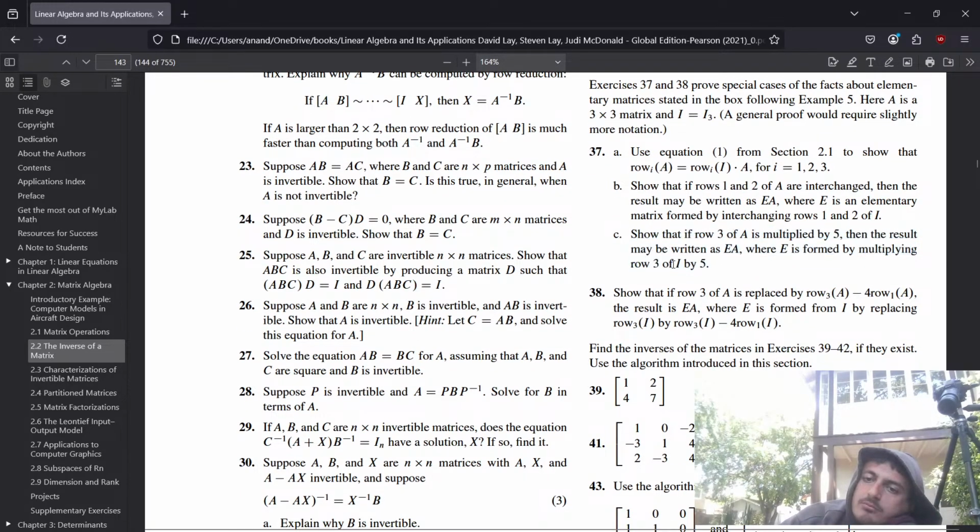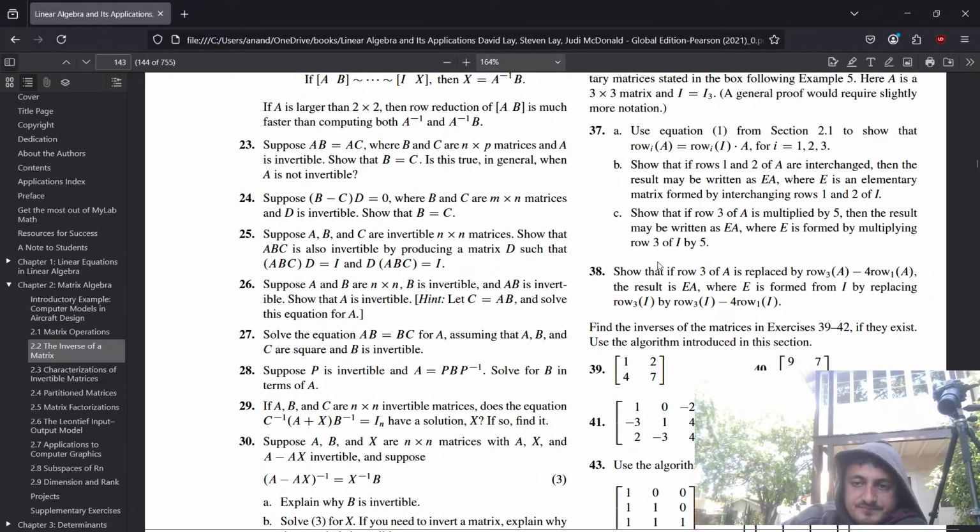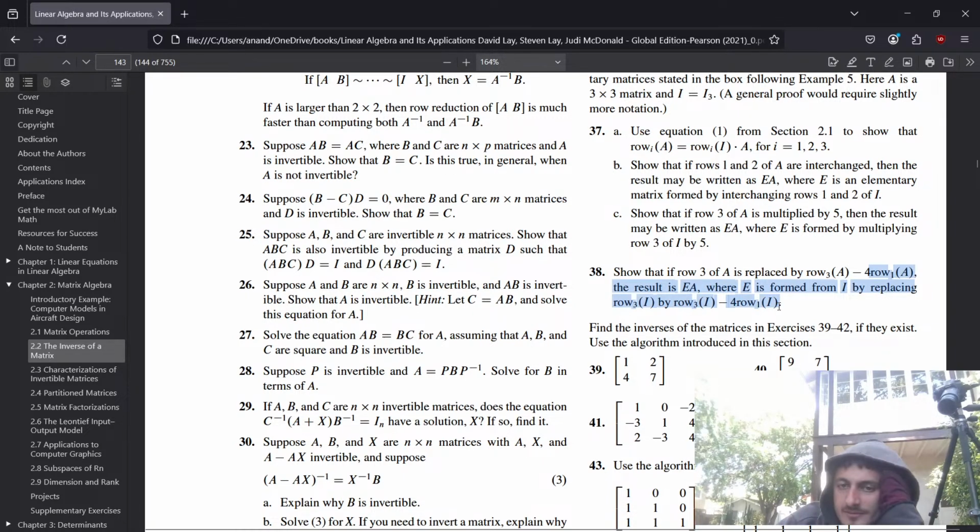Think about the row column products. The last element is a 5, so the last row of A is going to be 5 times whatever it was. 38, show that if row 3 of A is replaced by row 3 of A minus 4 times row 1 of A, and the result is... Okay, maybe that one's a good one. 38.